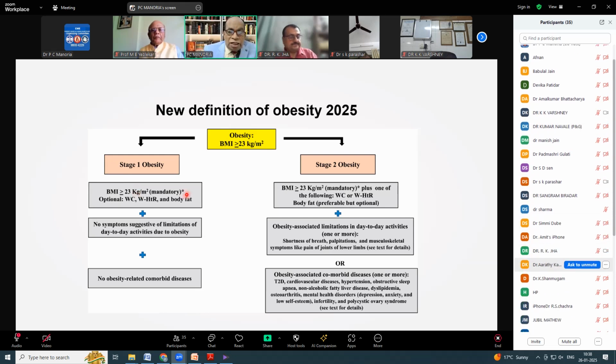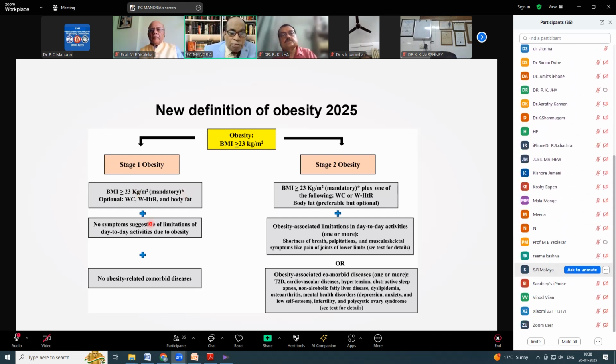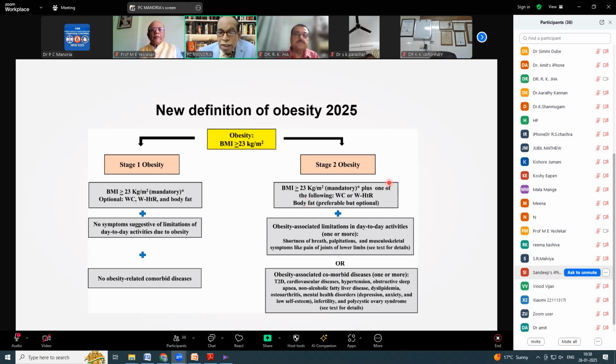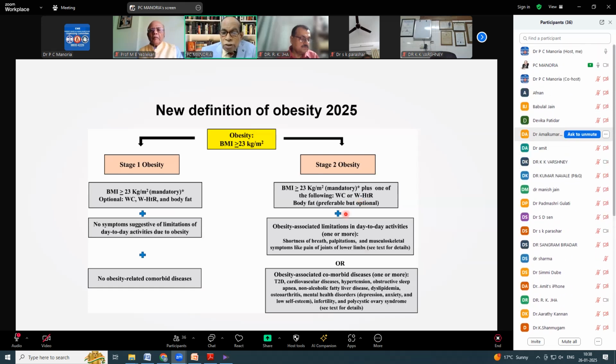The optional criteria are these, which we have discussed, but there is no symptomatic limitation of physical activities and no comorbid diseases. But once you have a BMI of more than 23, plus one of the following, that is waist circumference, waist-height ratio, or body fat if available, and you have an obesity-associated limitation of activities or an obesity-associated comorbid condition, it becomes stage 2 obesity.